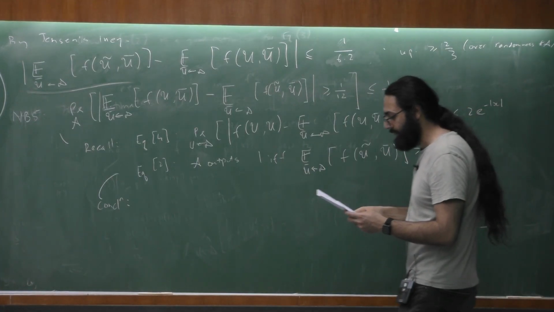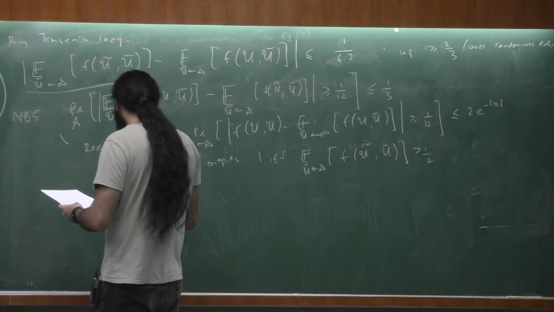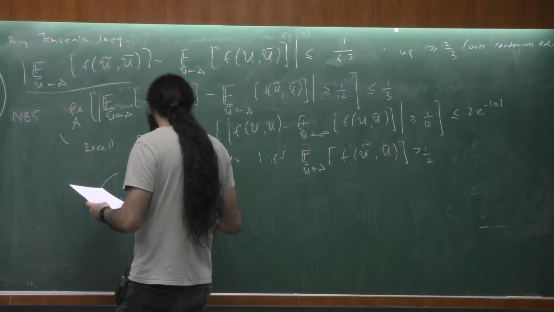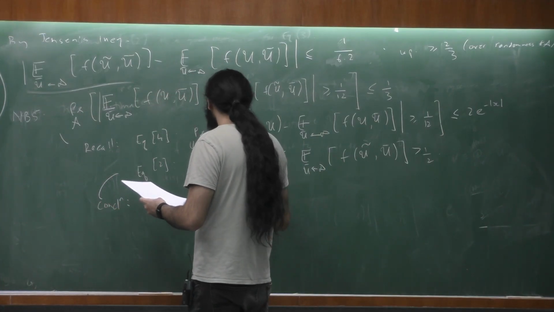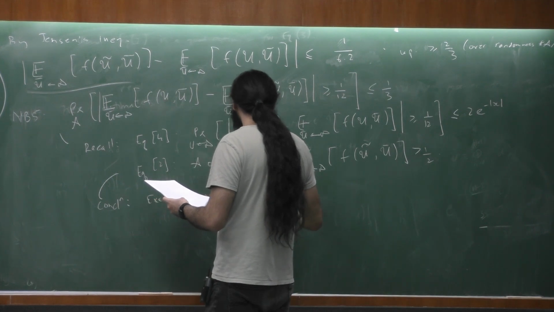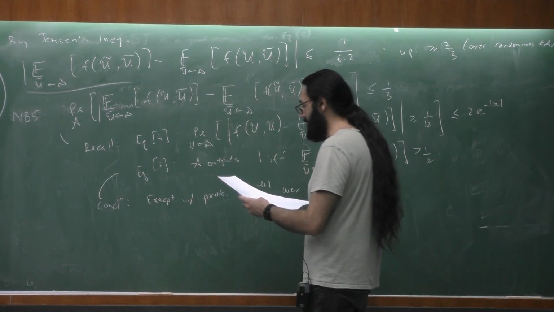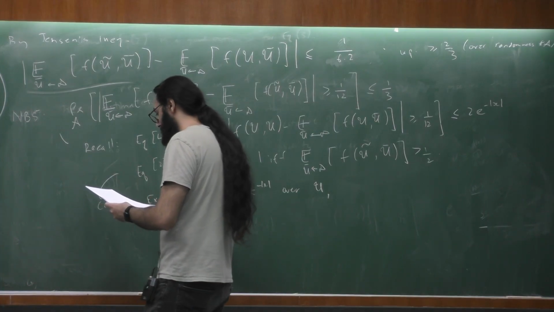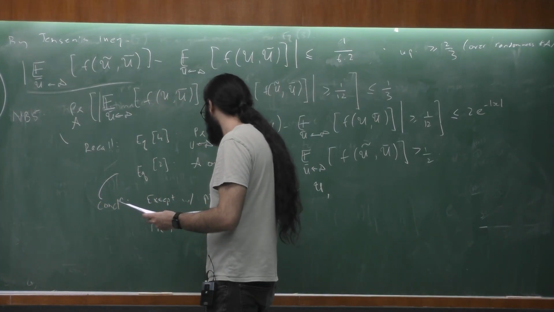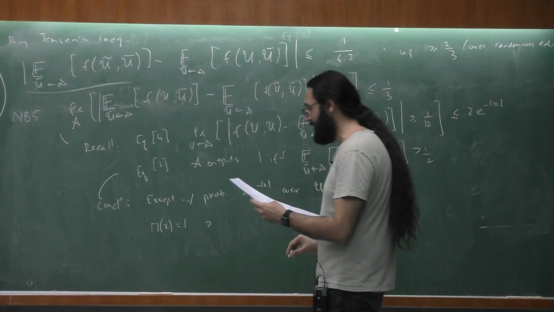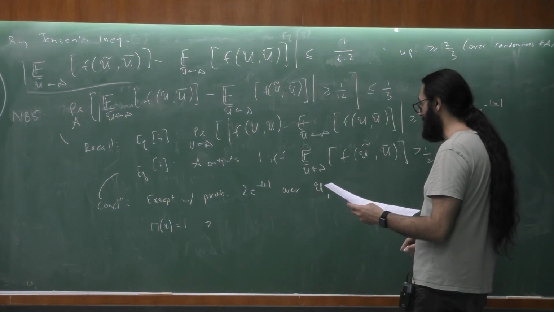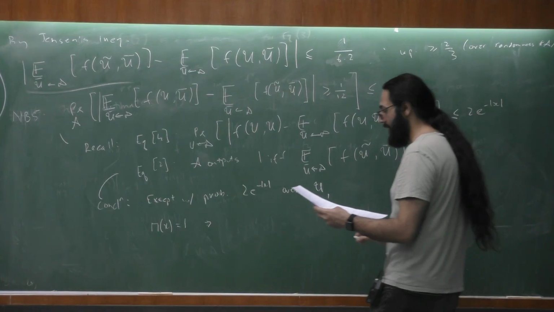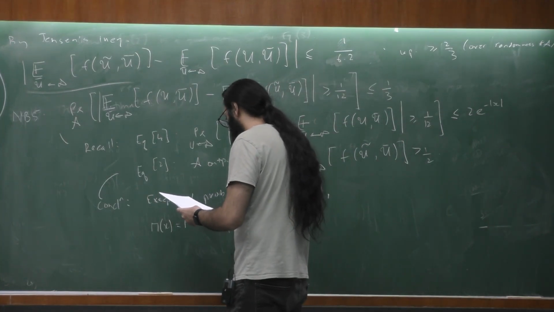And so the conclusion is that, except with probability 2 to the e mod x over the unitary u, if the instance is a yes instance, then you'll get the following.